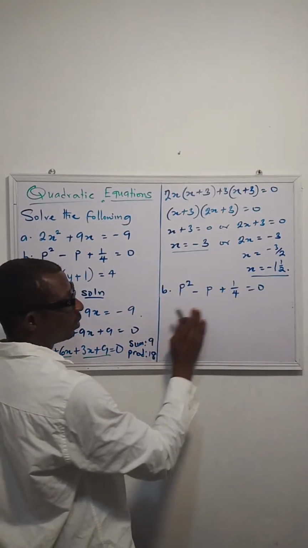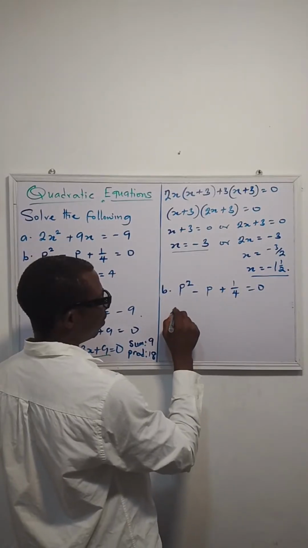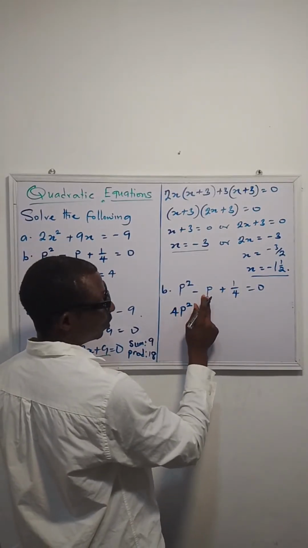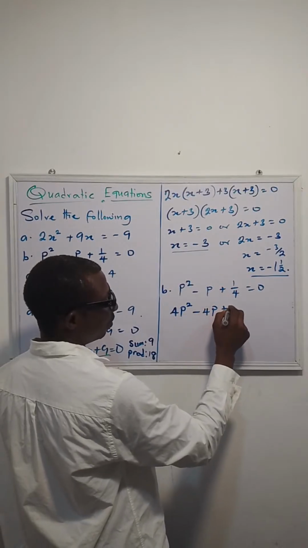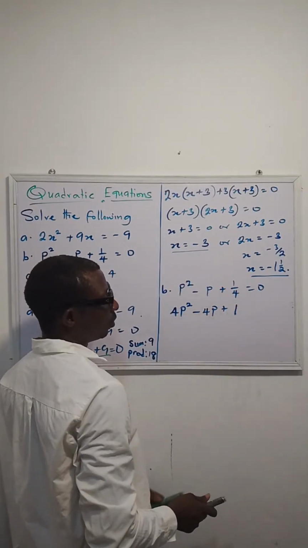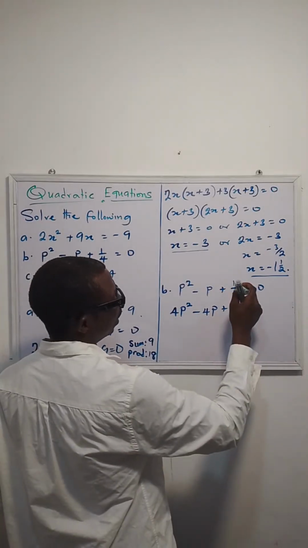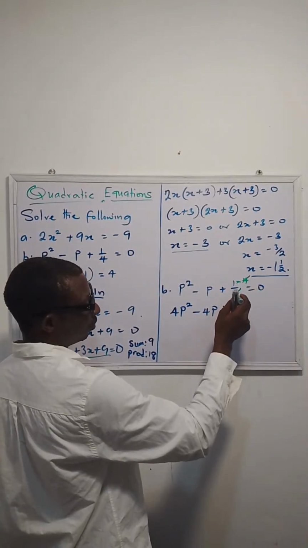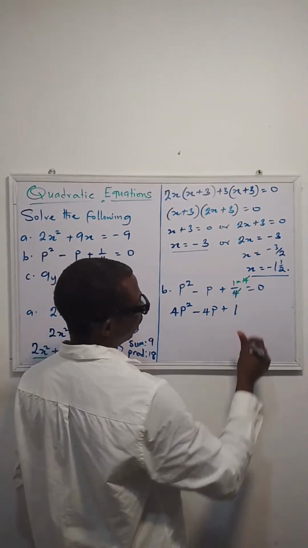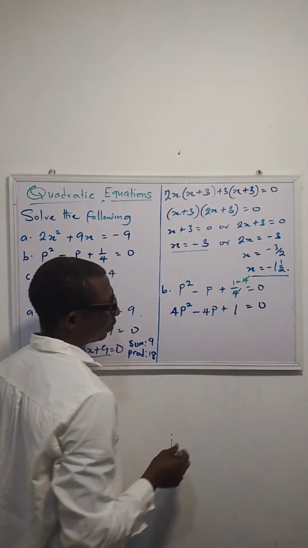Now this equation turns to 4p squared, minus 4p, and 4 times 1 over 4 gives you 1, equals 0.